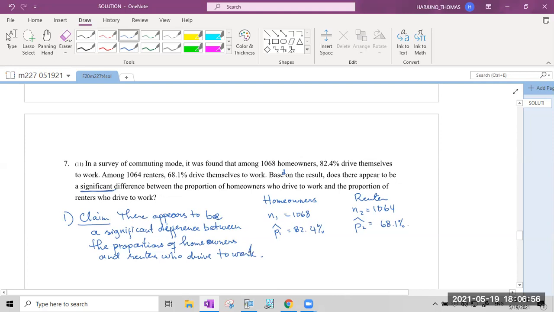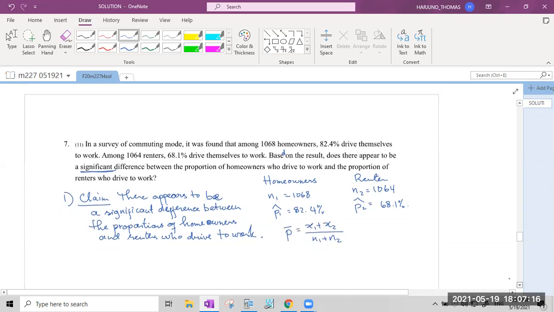Okay, now let's go back to the setup first. We need to find the p-bar. But to find the p-bar, we need x1 plus x2 over n1 plus n2. We have n1 and n2, but we don't have x1 or x2. How to find those?